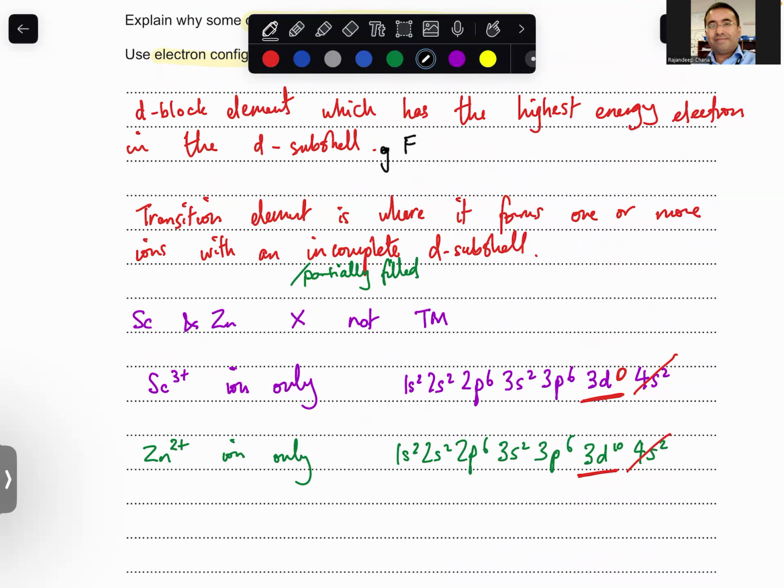Actually, before I explain this, let me just go back a step. I just want to explain one thing here. This does cause confusion. Let's look at the zinc electron configuration.